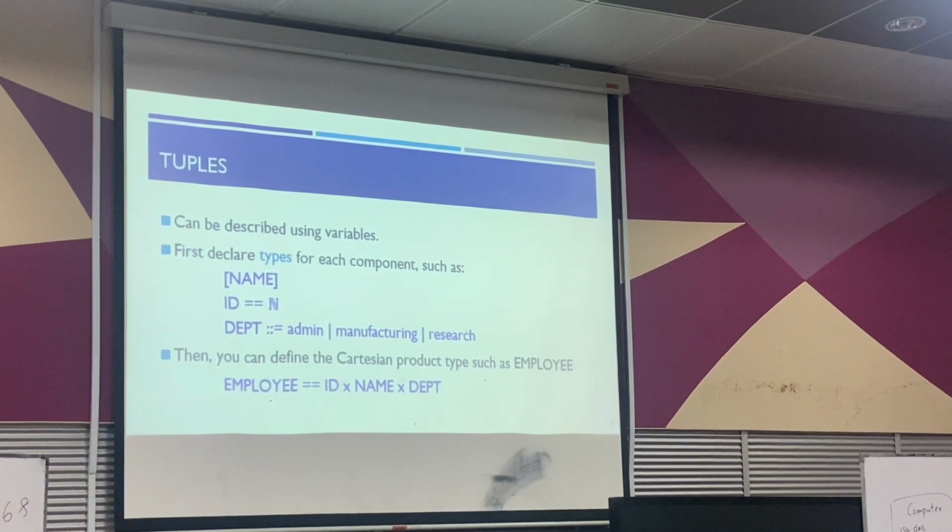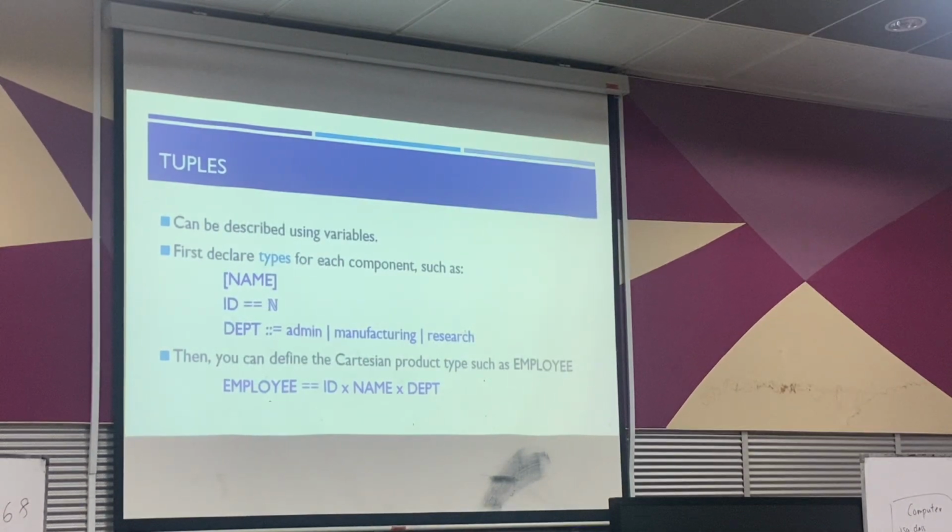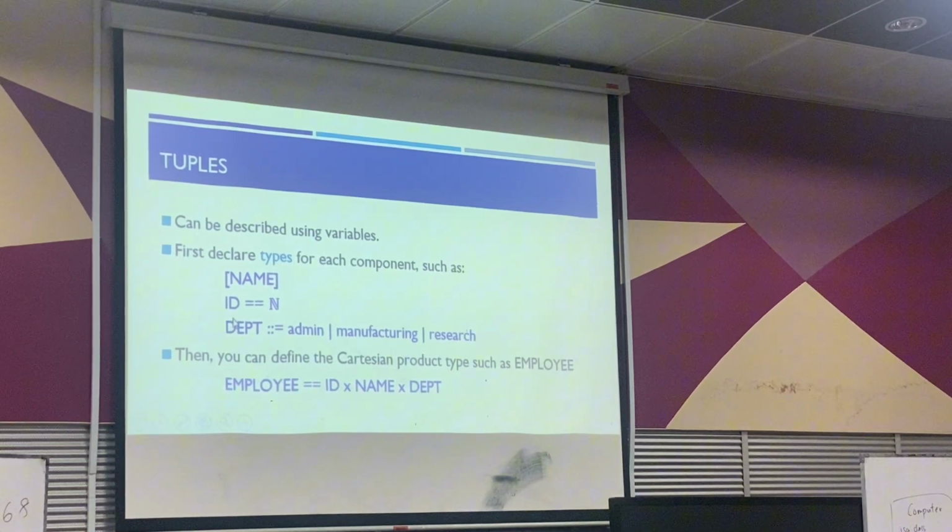Means that assuming that you have types here, okay, you have basic type. This is actually if you want to rename, okay, let's say not rename, it means that you want to use ID as n, but normally ID will be a string, basic type.